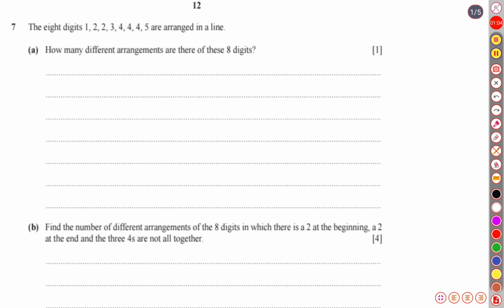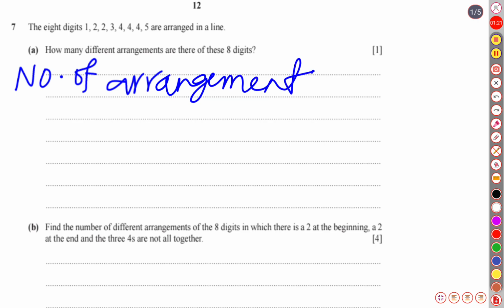So let's start applying the concept of permutation. Number of arrangements is equal to, we know that we are going to apply the concept of permutation.